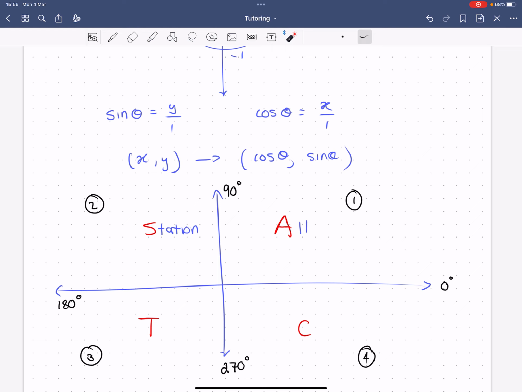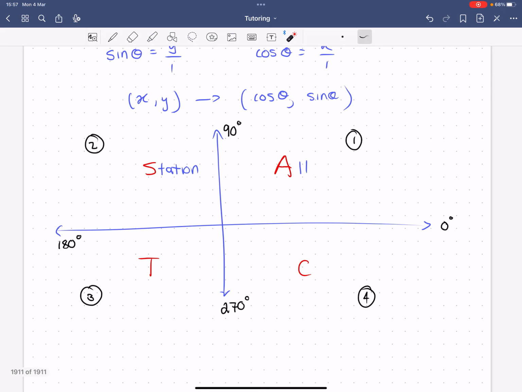My cos is negative, and also my tan is negative. The reason tan is either negative or positive isn't in the Year 9 course, but for those who are interested, it's because tan is equal to sine over cos. For now, you just need to accept that tan is negative in the second quadrant.